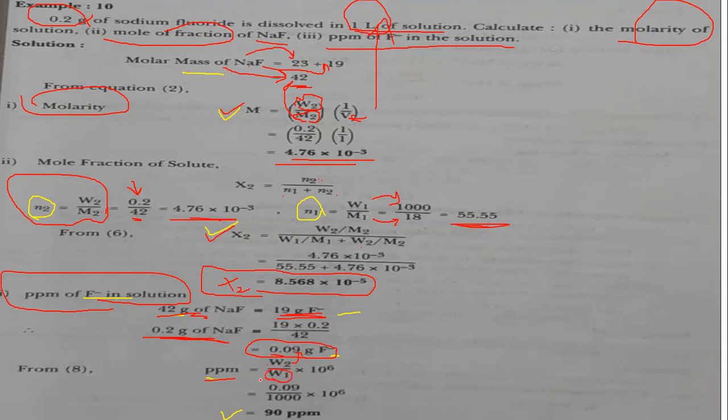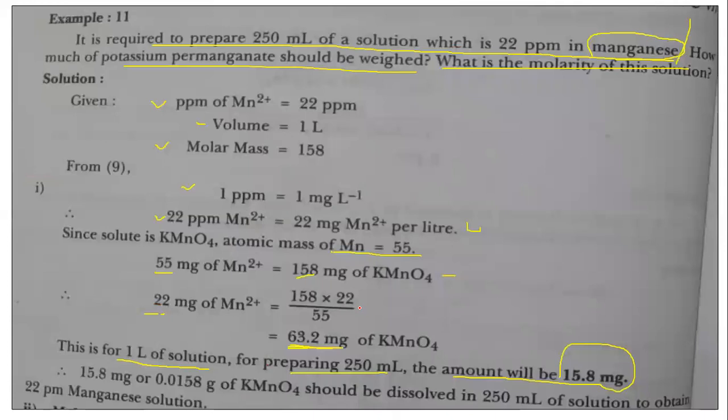W1 is the weight of total solution. It's 1 liter, that is 1000 gram, into 10⁶. So that will become 90 ppm solution of fluoride ion, as per our example.